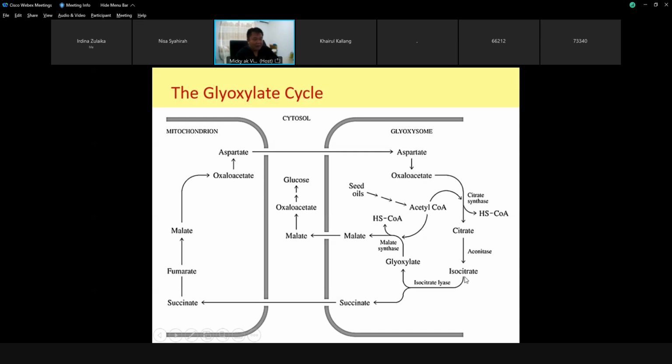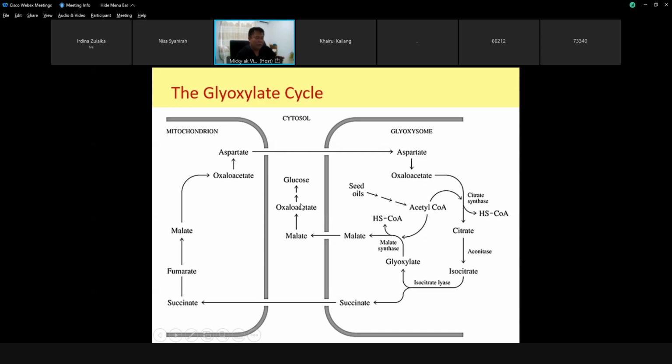This 6 carbon will produce succinate. The succinate can either be used back in the glyoxysome, or be transported into mitochondria, where it will undergo the Krebs cycle. Or the isocitrate will produce glyoxylate, which combines back with acetyl-CoA from fat, producing malate. The malate will combine to form oxaloacetate.